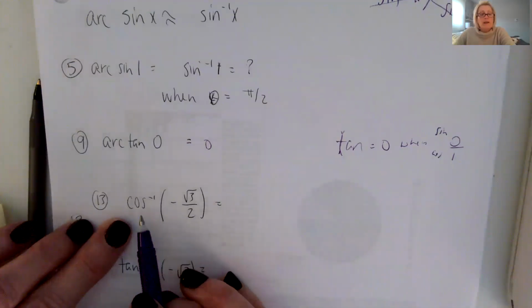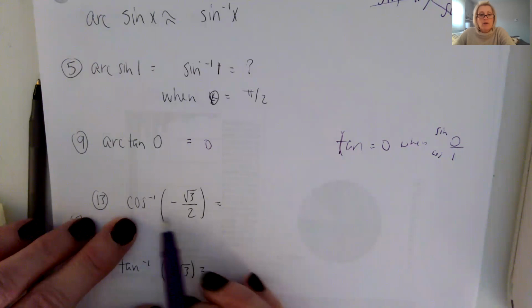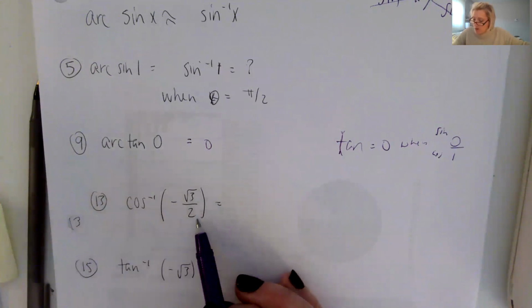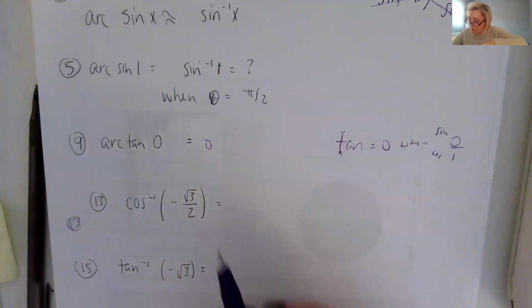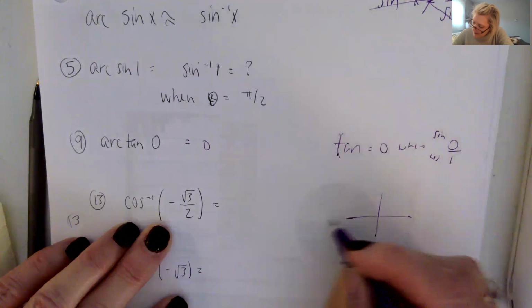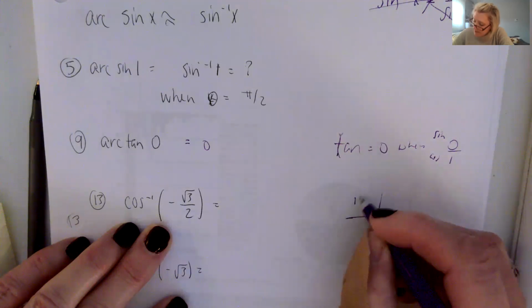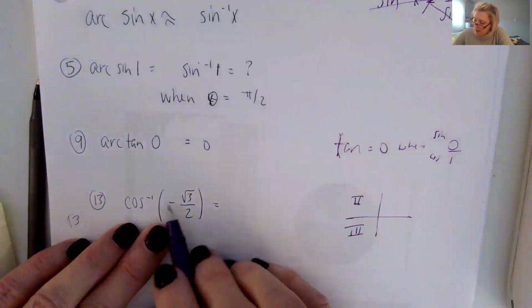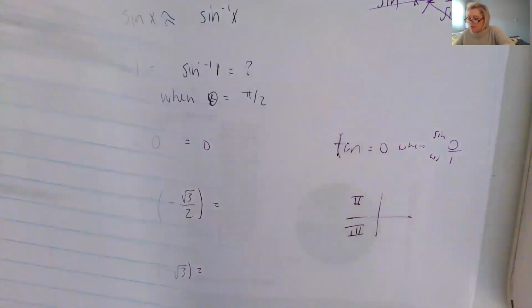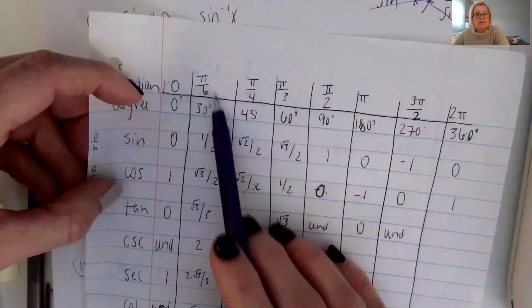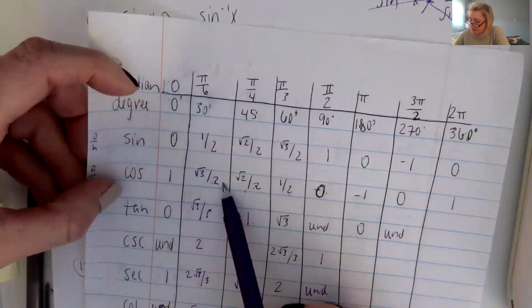13 says, what is the arc cosine, the inverse of the cosine, at -√3/2? So we know that cosine is negative in the second and the third quadrants. And √3/2 for cosine happens at π/6, 30 degrees.